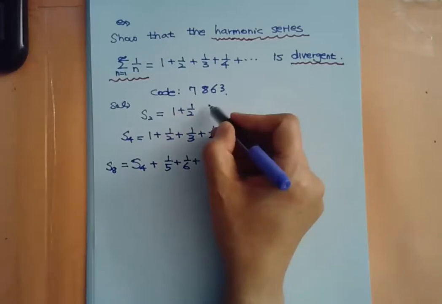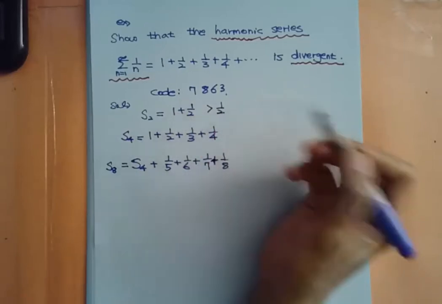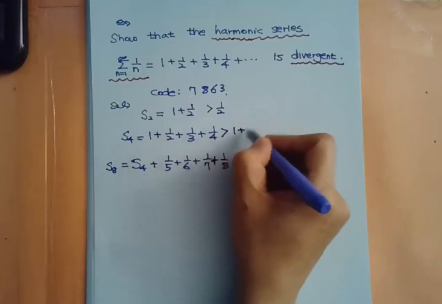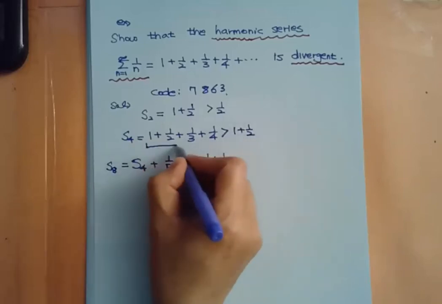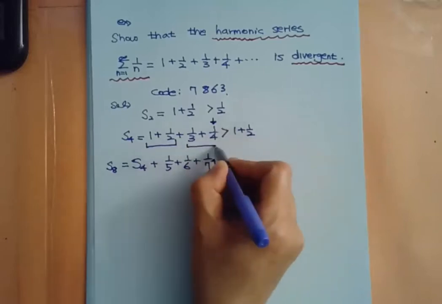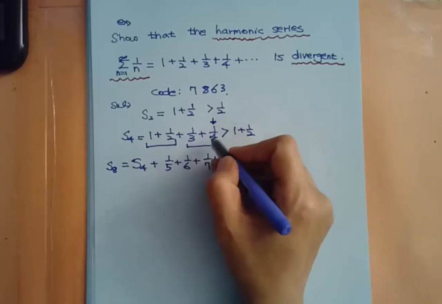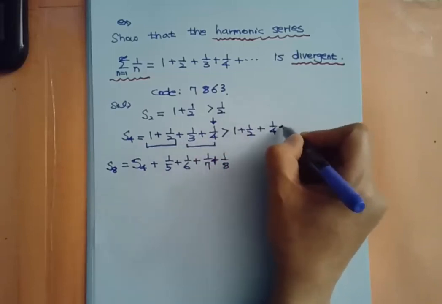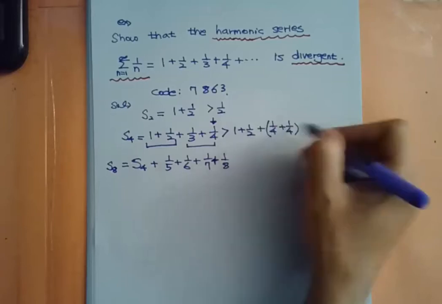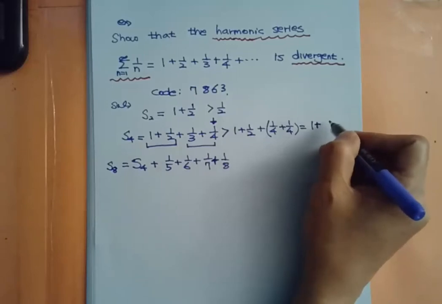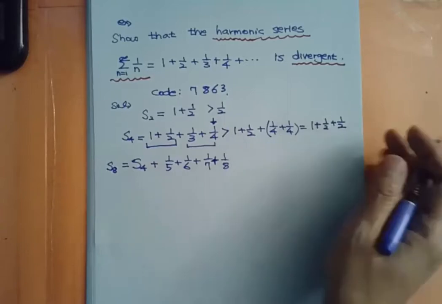So S2 is greater than 1 over 2, and S4 is greater than 1 plus 1 over 2. We think about S2 and add this one, because 1/3 is greater than 1/4, so plus 1 over 4 plus 1 over 4. And then that is 1 plus 1 over 2 plus 1 over 2, right?